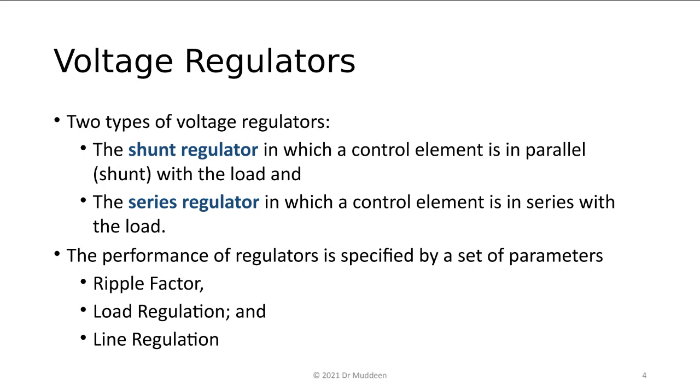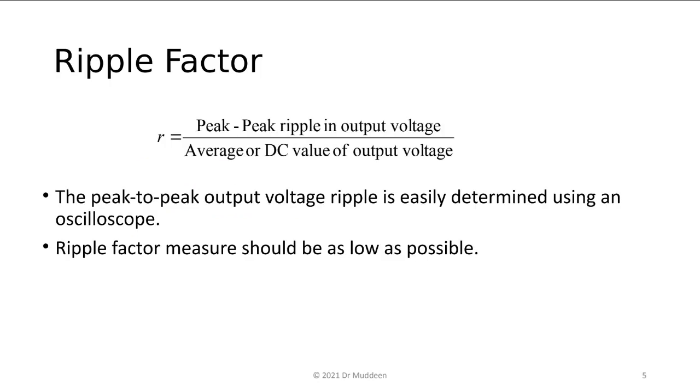The performance of them, we classify how well regulators work by basically 3 factors: the ripple factor, the load regulation, and the line regulation. You don't have to remember the formula, but it's fairly easy to figure out. The ripple factor is the peak-to-peak ripple in the output voltage.